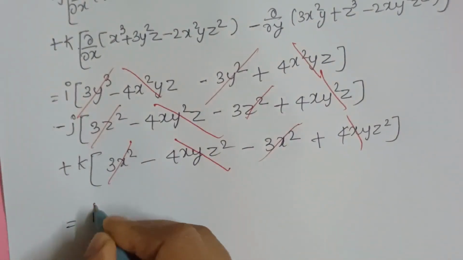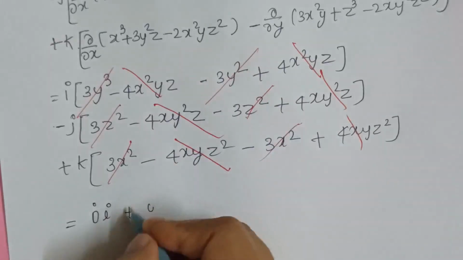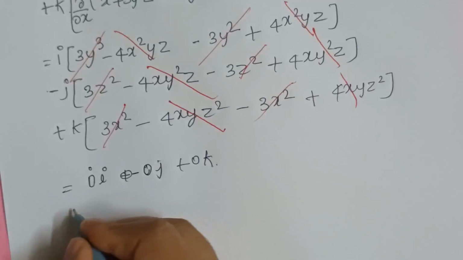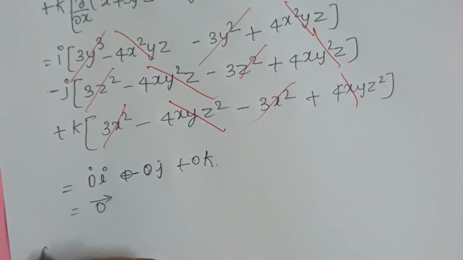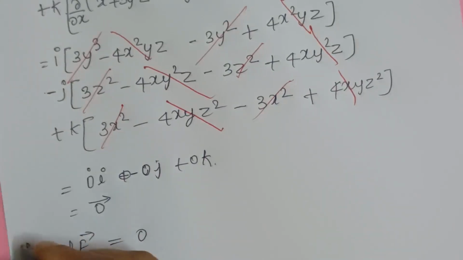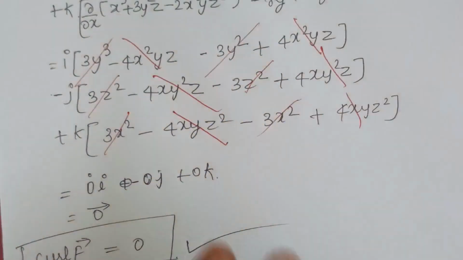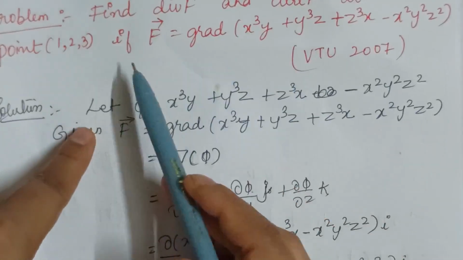Now so we have 0i plus this is going to be minus, so it's fine, minus 0j plus 0k, so it's going to be 0 vector. Hence curl of vector f is 0. Done.